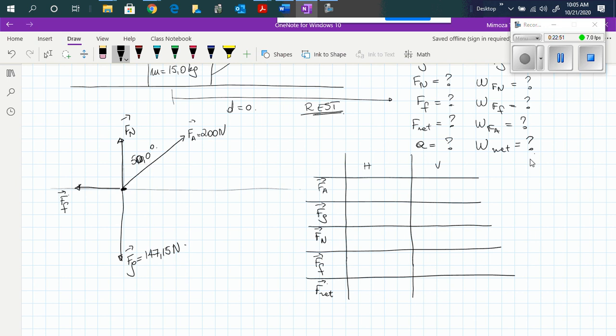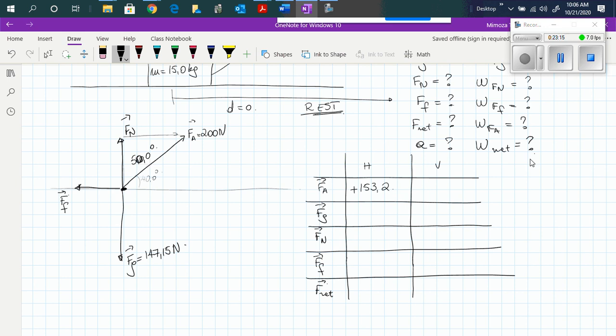Horizontal component of force applied is this vector here, which is sine. So 200 times sine 50 is positive 153.2.